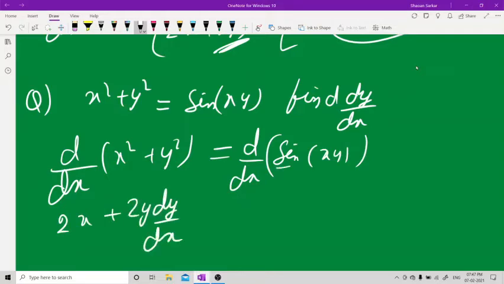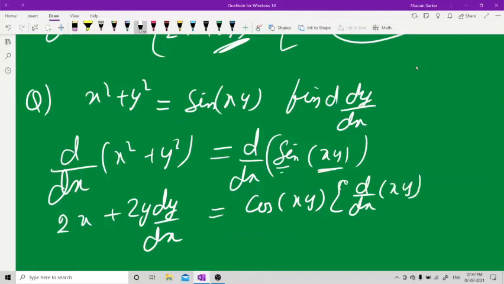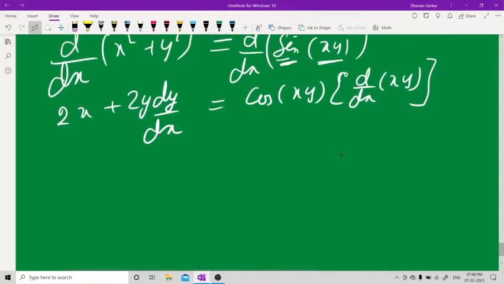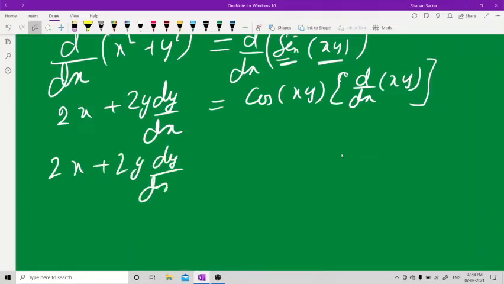Now the derivative of sine, what will it be? Cos xy. Now put a bracket and write d/dx of this, chain rule. In the next step, you have 2x plus 2y dy by dx is equal to cos xy.